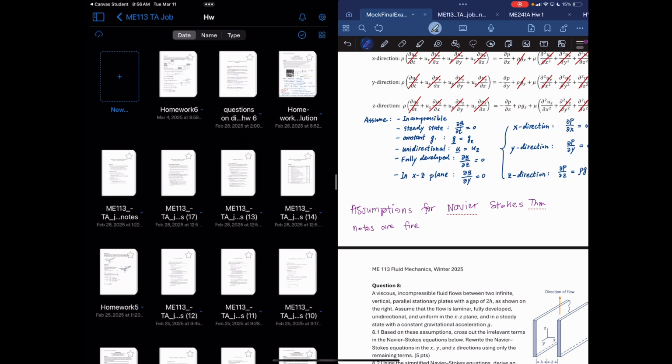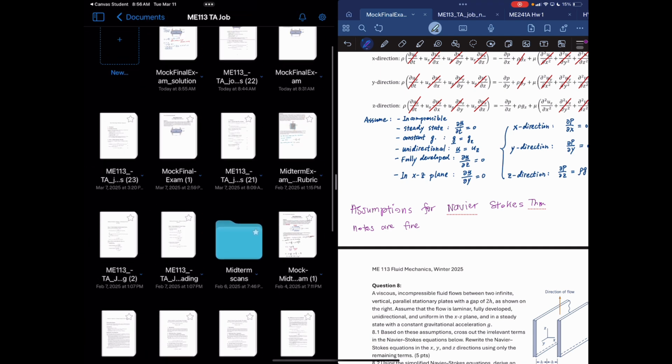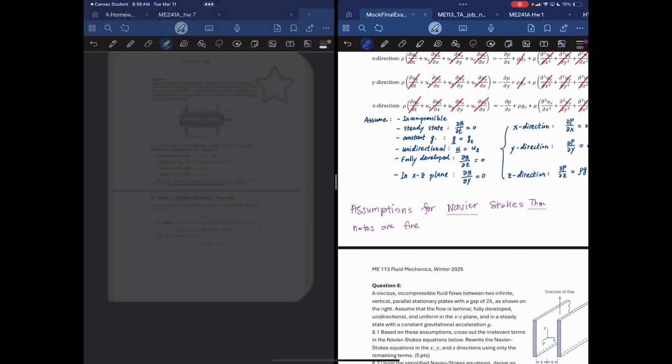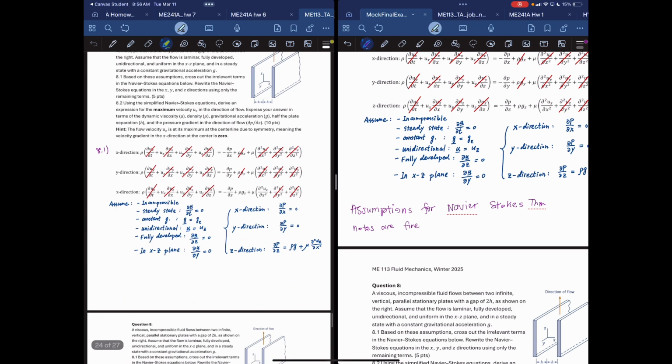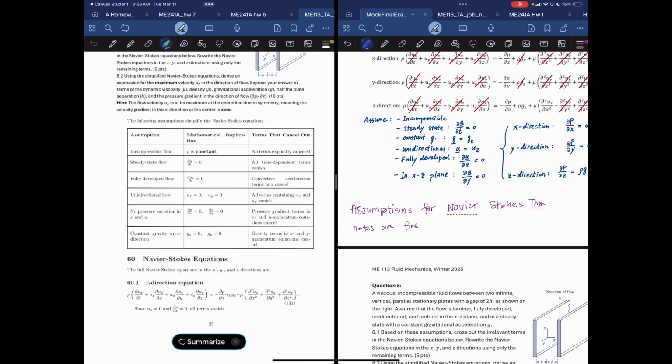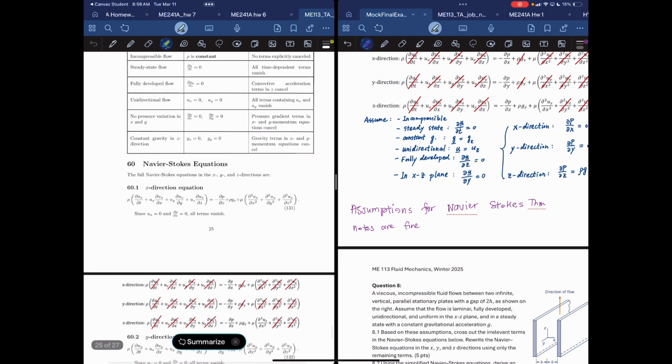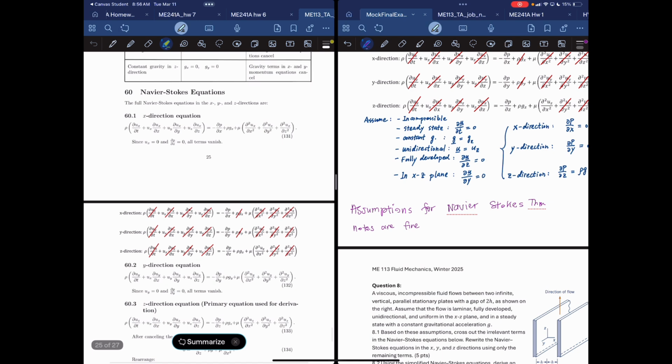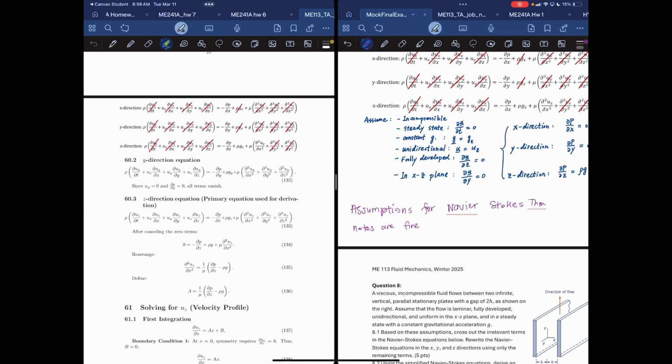Because I did post notes on this problem. Let me see. It's part of these solutions. Was that not helpful? No, it's helpful, it's very clear. I look at it and it's just a big table. Is that all the assumptions that we can have? Okay. I know in the lecture slides there are some things you're going to have to consider.